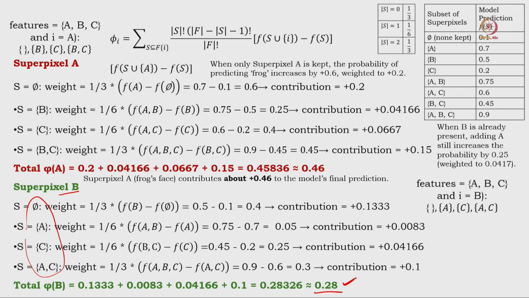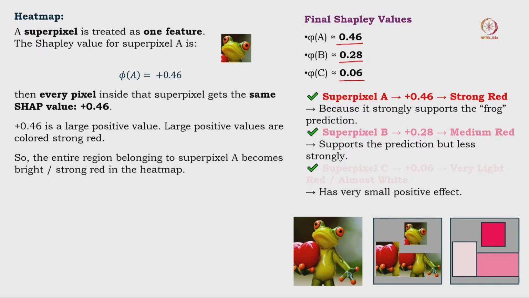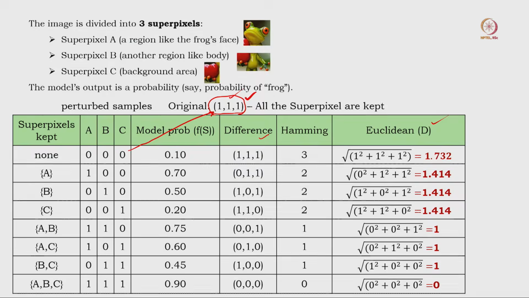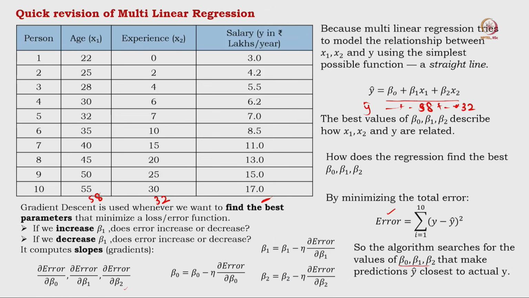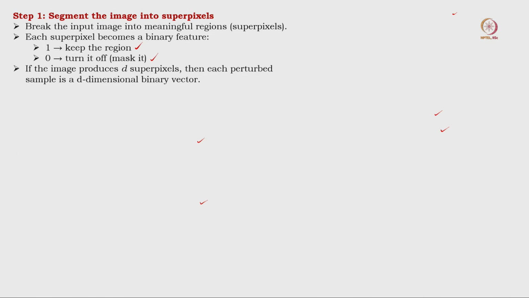So LIME depends only on one instance, but with SHAP you consider every possible superpixel. That is the reason LIME is called local and SHAP is called a global technique.